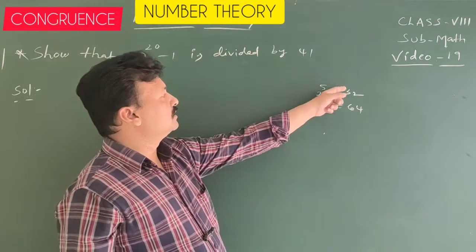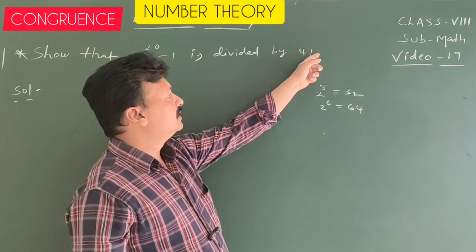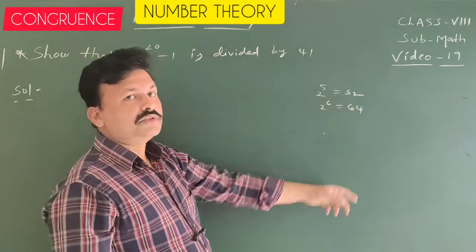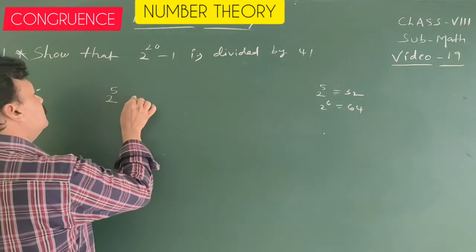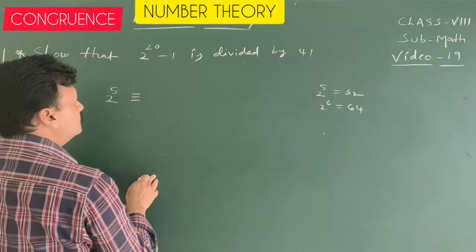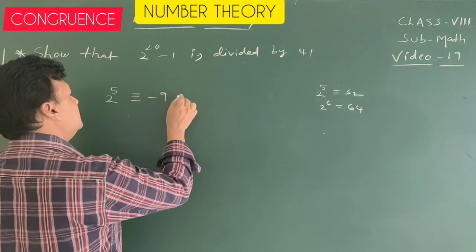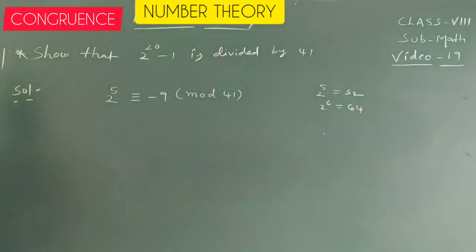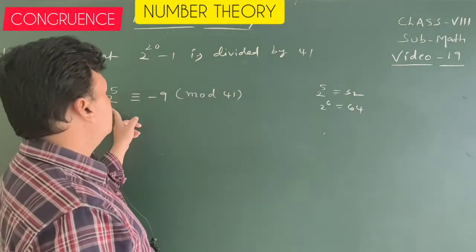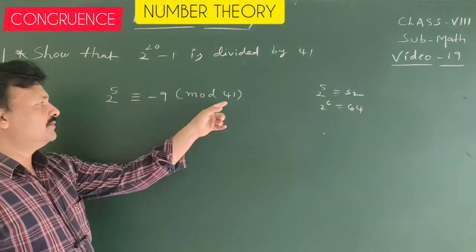Here 32 is close to 41. That's why here 2 power 5 is congruent to minus 9 mod 41.